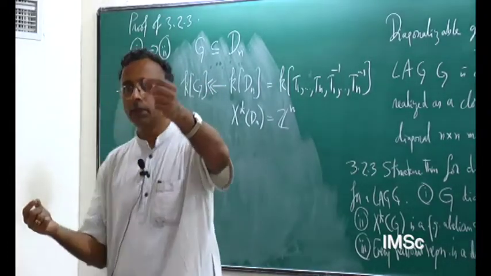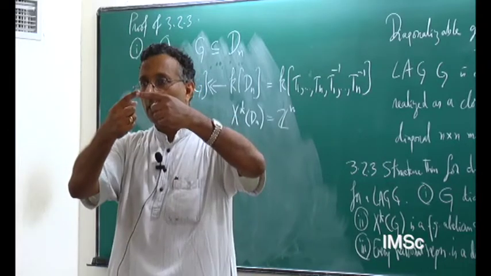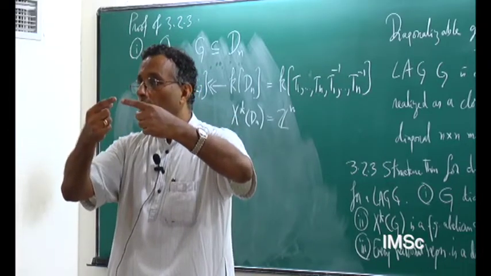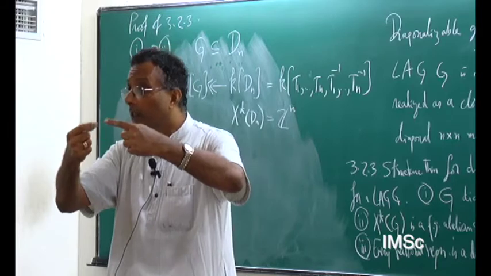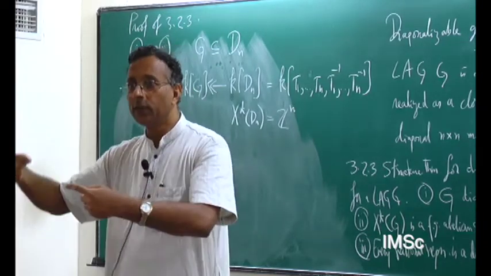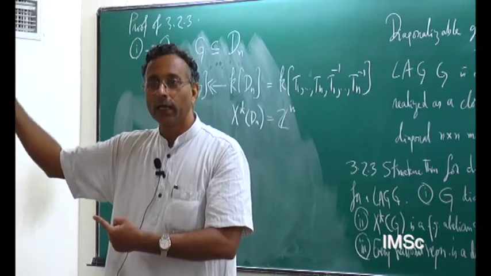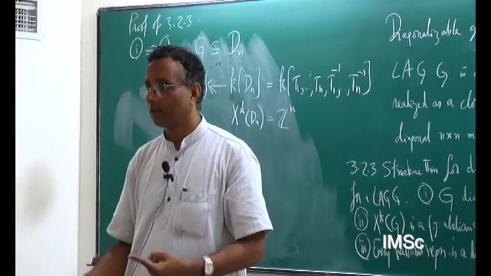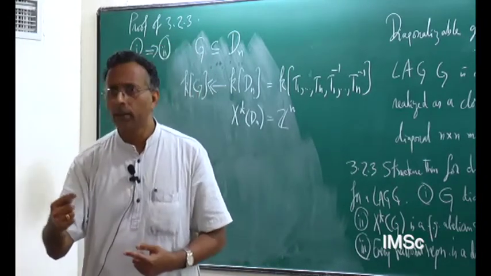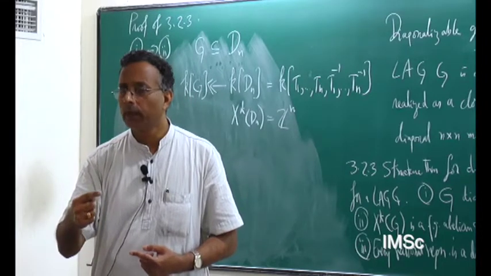The character will just be T1 to the A1, T2 to the A2, Tn to the An, where A1, A2, An are integers. Okay, we proved this last time, didn't we?